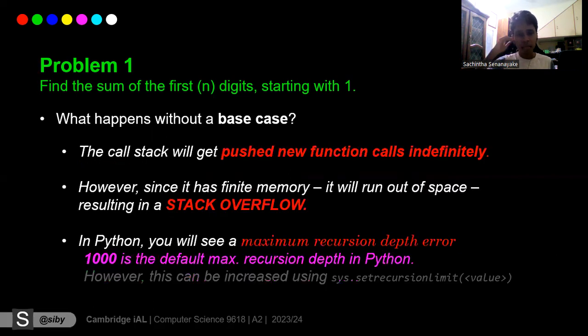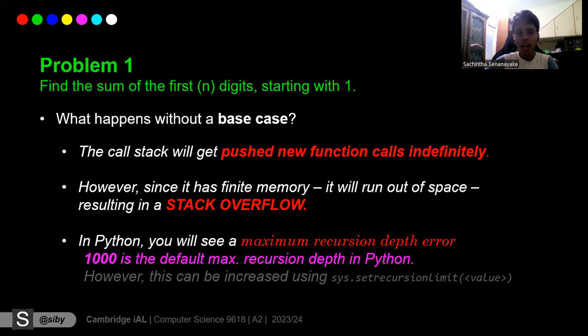And then this might be an interesting thing to look at. What happens if you don't have a base case? So again, looking at our first slide, that's what happens when Winnie the Pooh keeps on calling itself. The Winnie the Pooh meme is within the Winnie the Pooh meme, and it goes on forever. That's what happens. So the call stack will get pushed new function calls indefinitely, right?